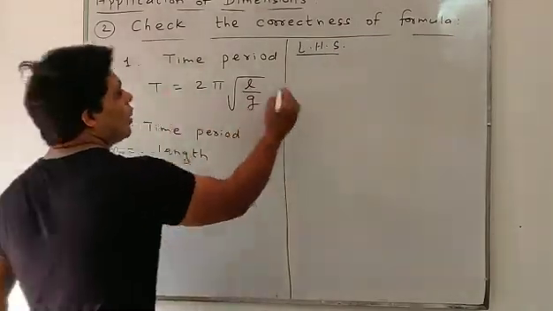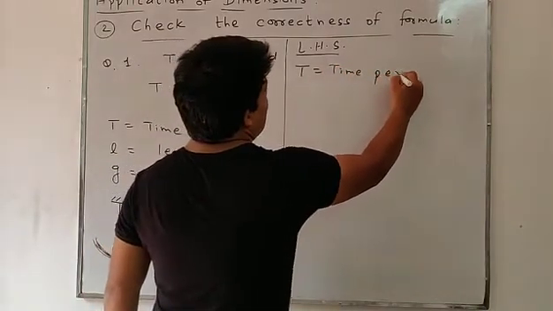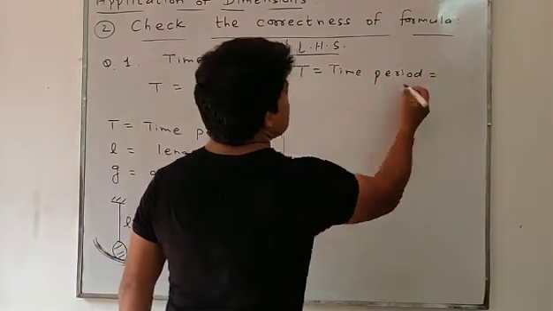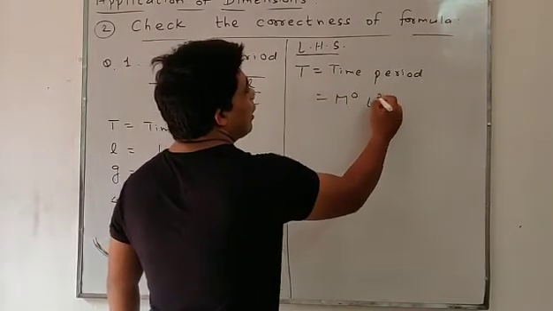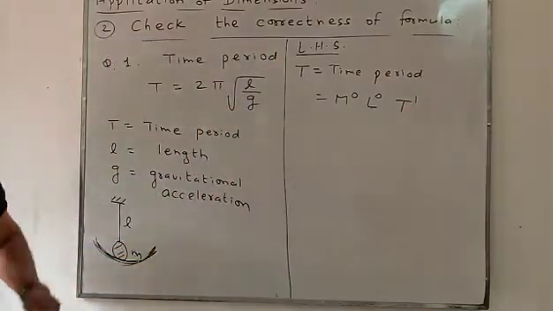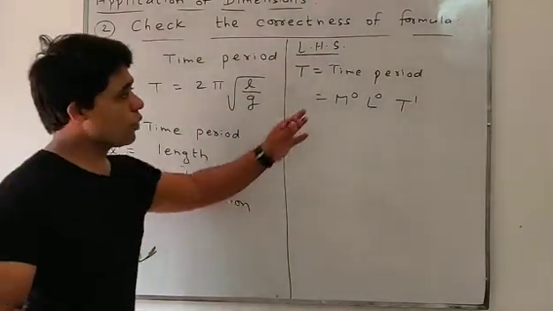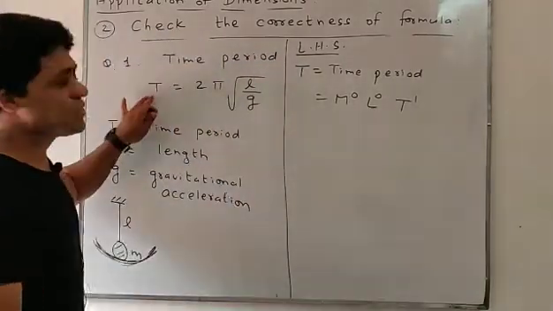At left hand side, what are we given? Time period. And the dimension of time period is: there is no mass, M0, no length, L0. Time is always represented by T, so T1 will come. So we got the dimension of the left hand side: M0 L0 T1, only time is there.